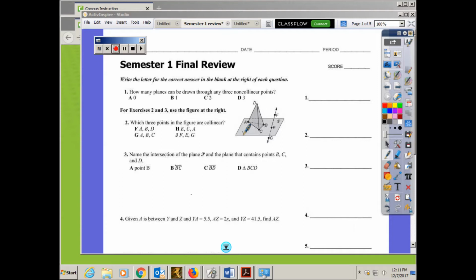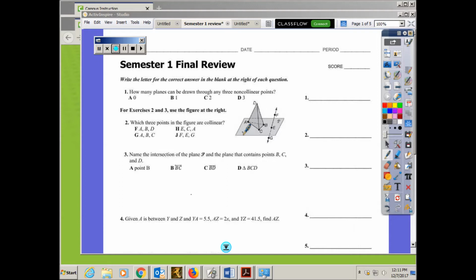Number 1, the question was how many planes can be drawn through any 3 non-collinear points? Even though this is review from chapter 1, we also had in chapter 2 a number of postulates. There were 5 postulates about points, lines, and planes, and then there were 2 postulates about intersections.